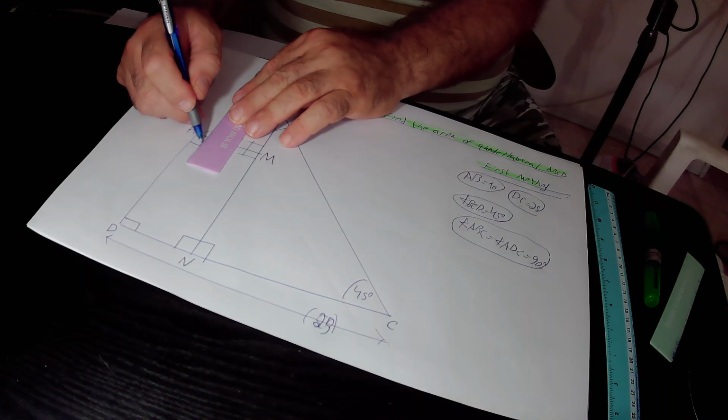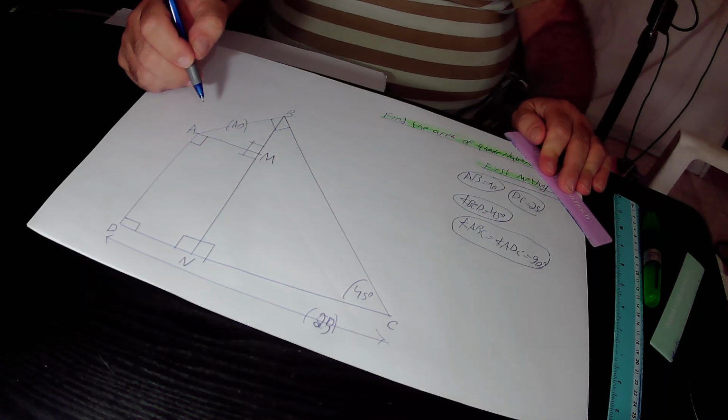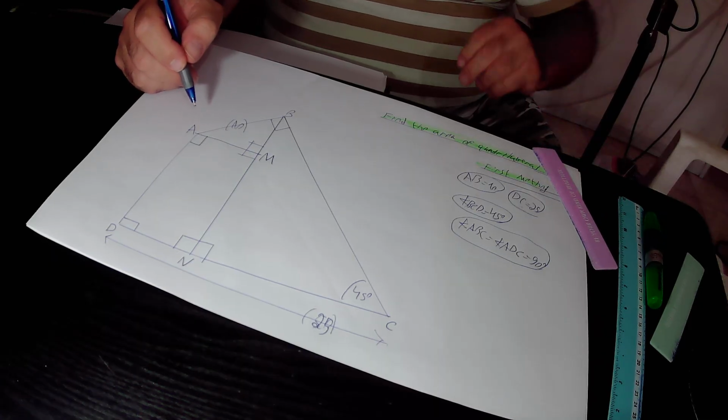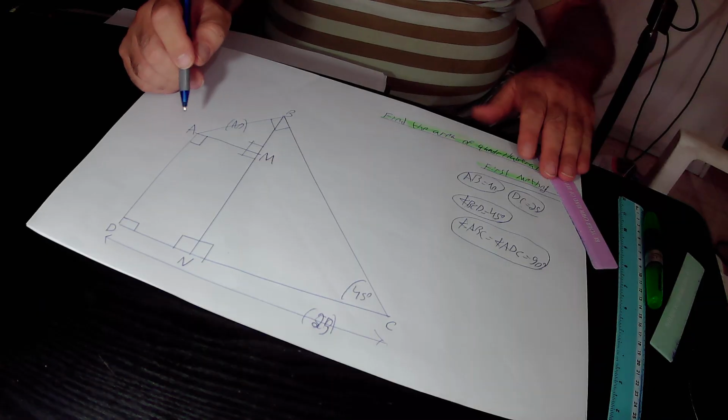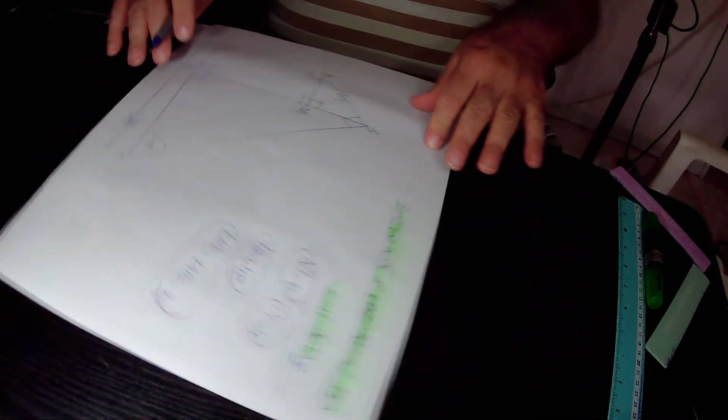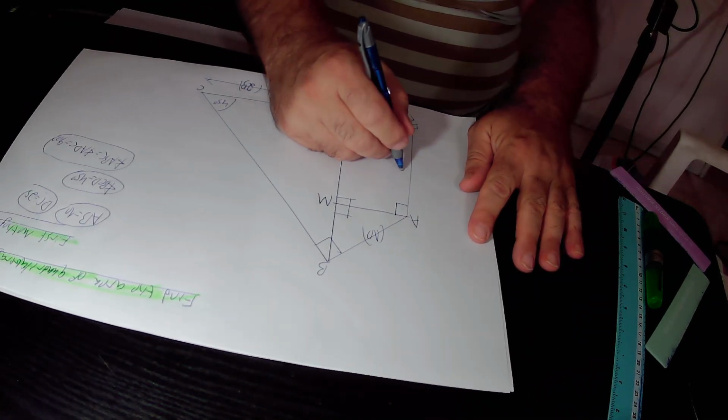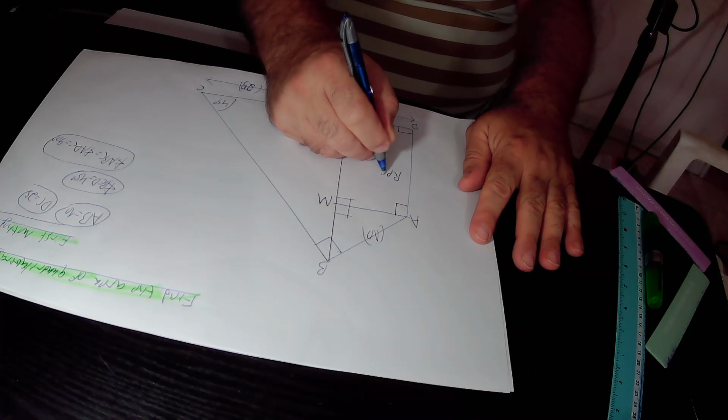So inside quadrilateral AMND we have 4 right angles, and therefore quadrilateral AMND is a rectangle.